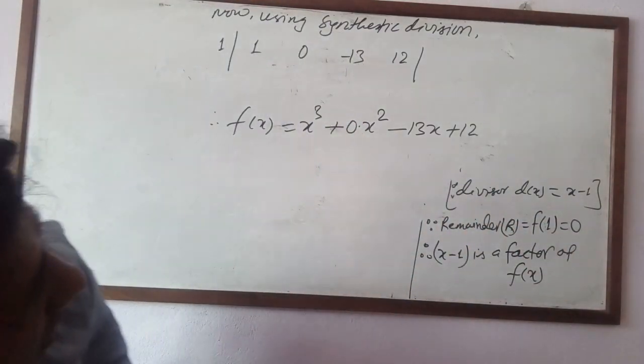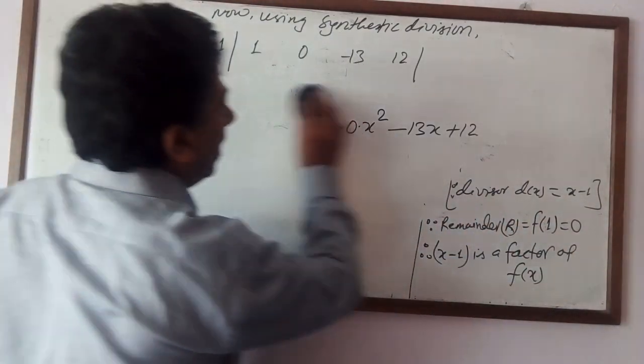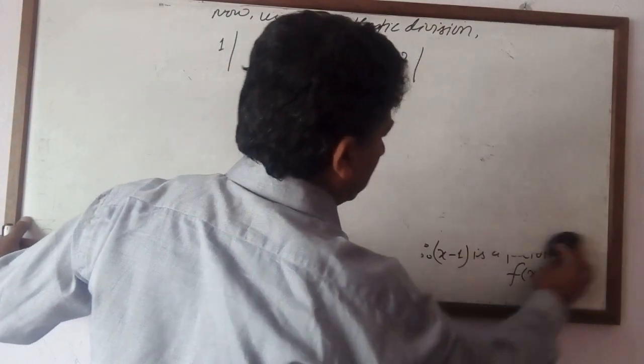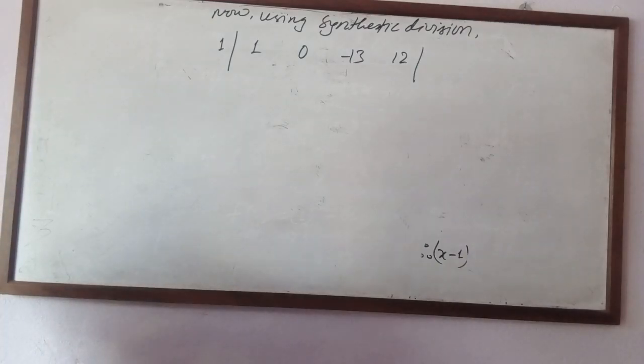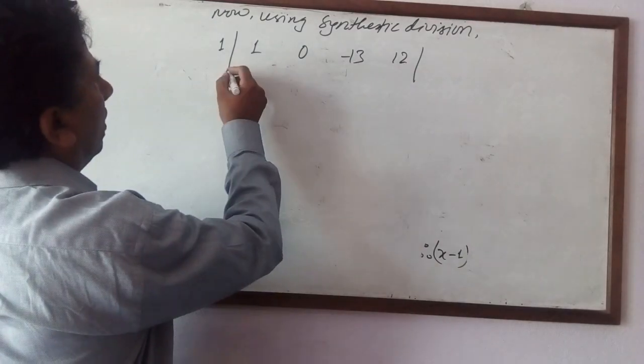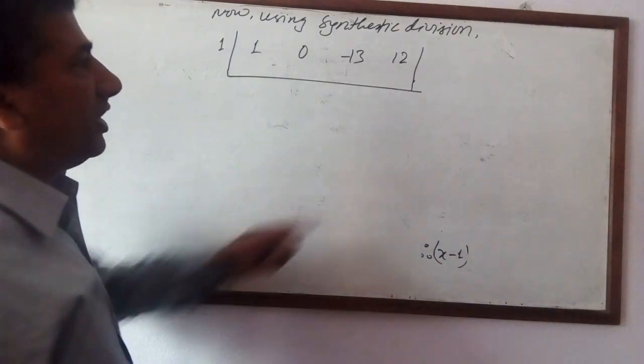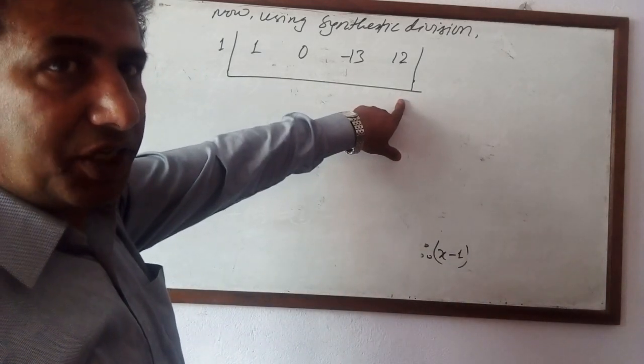Now after dividing, use synthetic division to find the quotient and remainder. We know that x minus 1 is a factor, so surely the remainder should be 0.